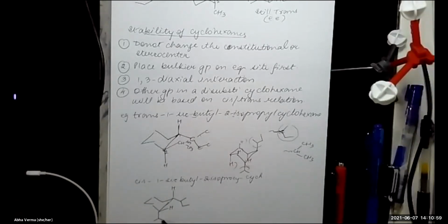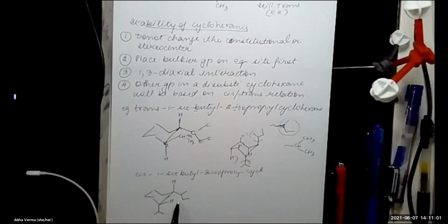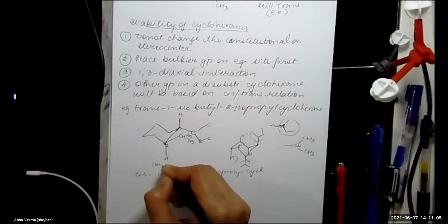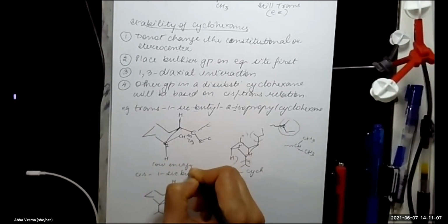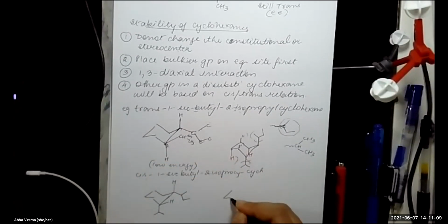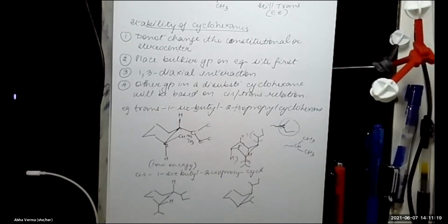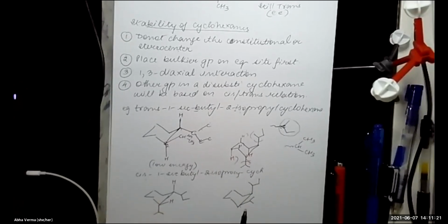Not very ideal, but still low energy. Low energy from what? This is my low energy conformation. If I had a system like this, this is also cis, exactly the same, right?